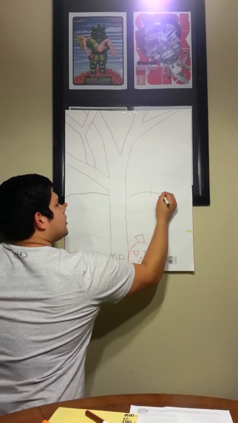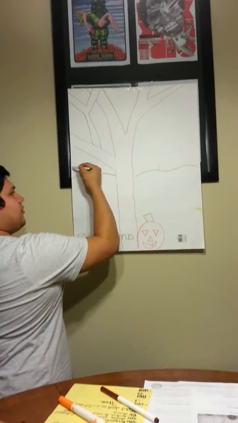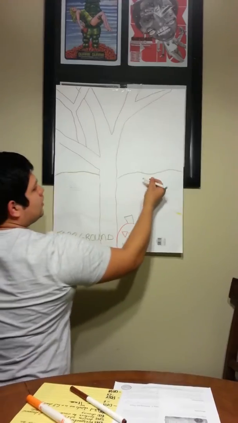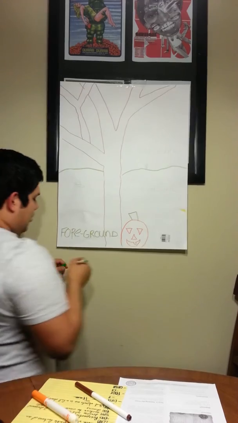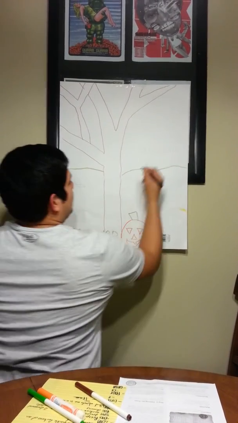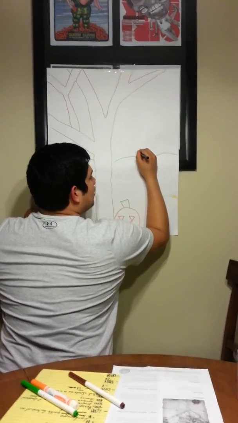So imagine you were looking out into a field and you saw the sun setting back here, your horizon line is going to be right below that sun, right where you'd see the ground back there. My little item I'm going to draw in my middle ground is going to be a little person.